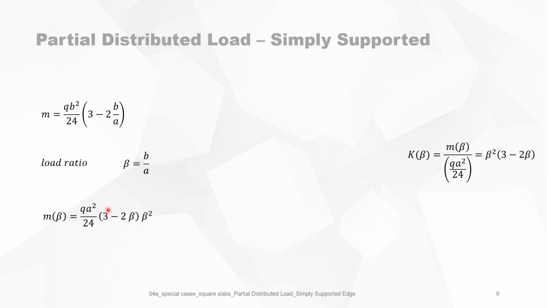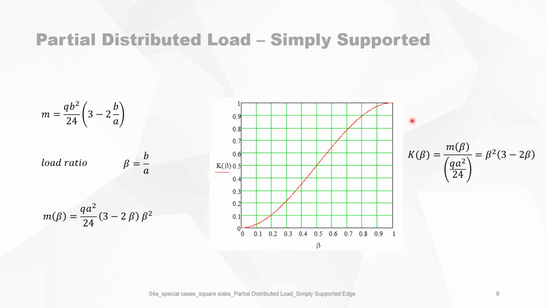What is left is a function which we call k of beta, and k of beta is equal to this. We can put this into a graph, and then we see, for beta from point load to fully loaded, the different values of k of beta, and the bending moment is then very easily calculated as the bending moment caused by fully loading of the slab multiplied by this factor k of beta.